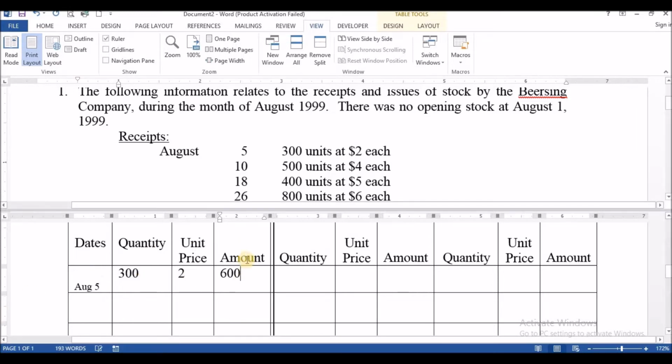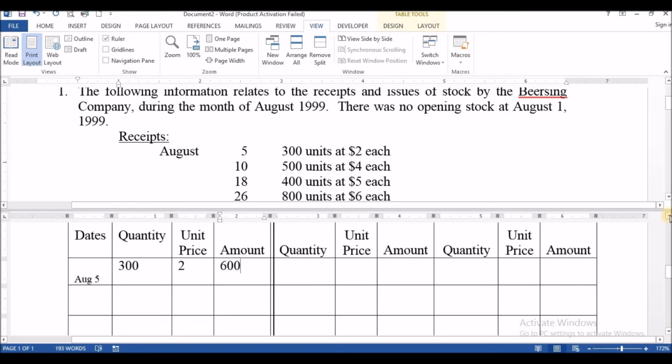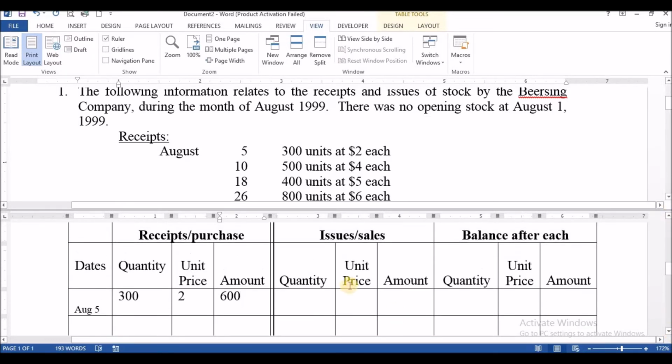Now the amount that we have under our purchase right here is going to be the amount that we have under balance, because there is none coming from the month before. So all you need to do is to write it back. 300 to 600.